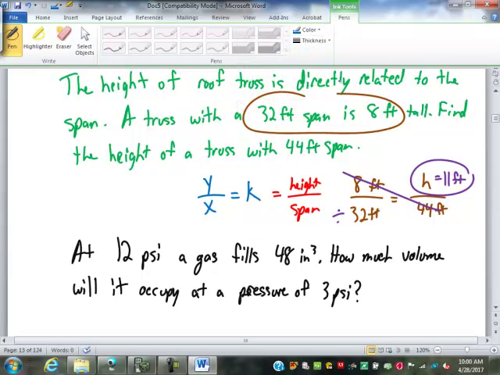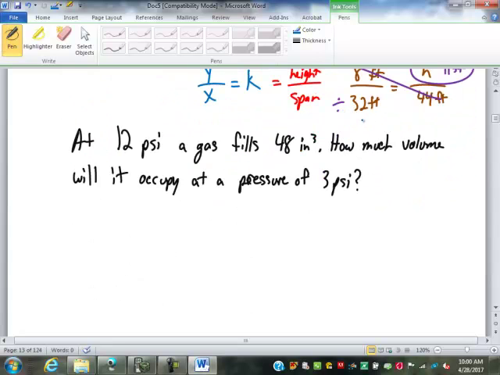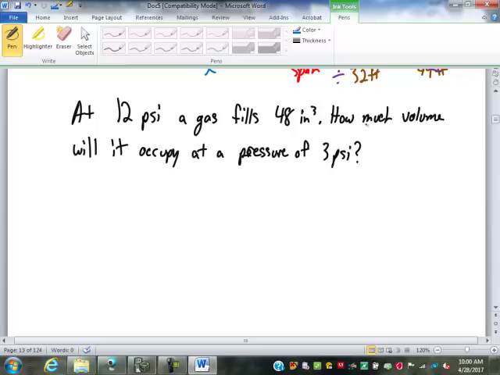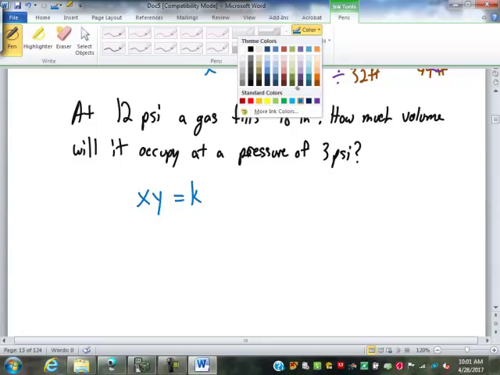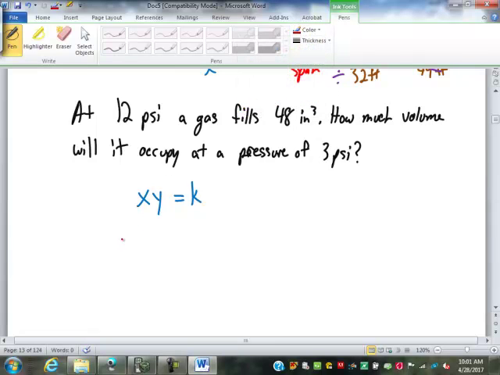So we said this is an inverse relationship. We know that. But we said an inverse relationship can be thought of as a constant product. A constant product would be x times y equals a constant. So here we're going to look at that as pressure times volume equals a constant.